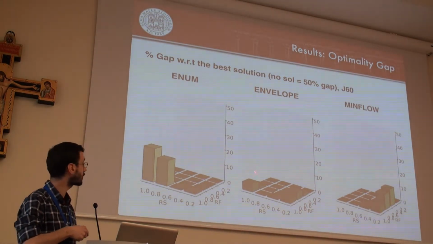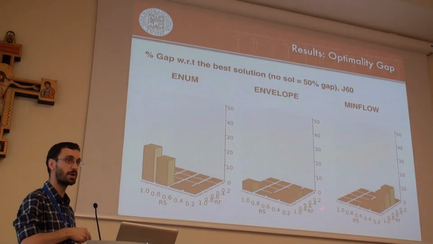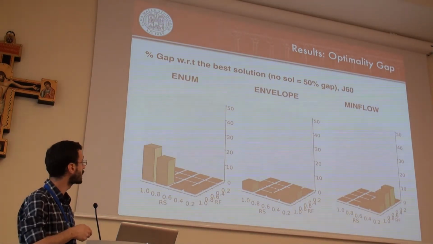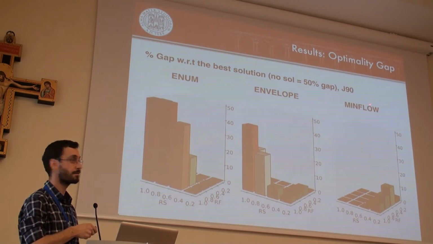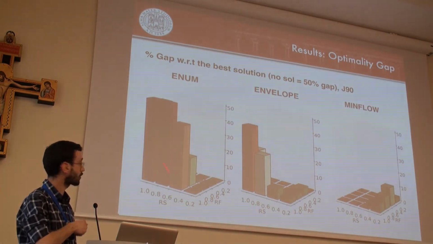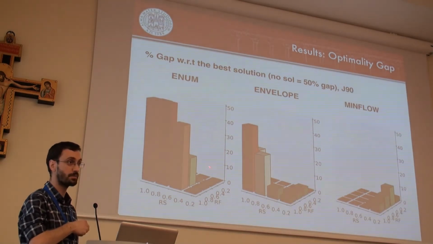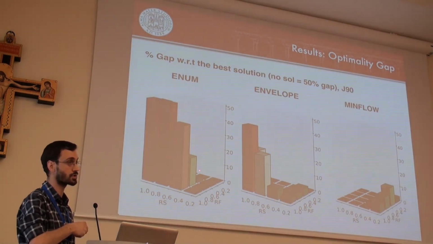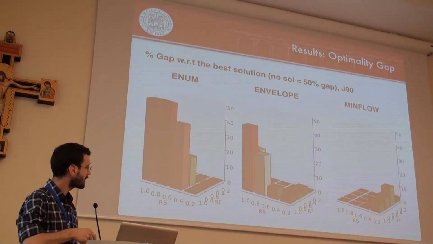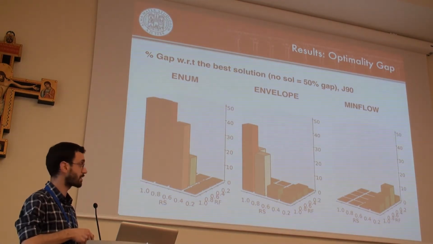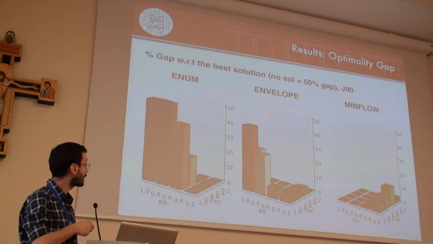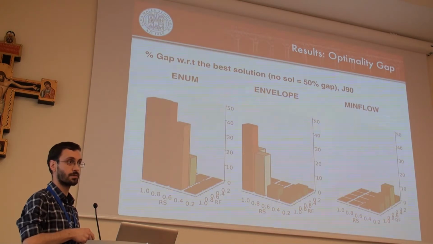Even if we don't prove the optimality, we are able to find very good solutions. If we move to J90, then the enumeration, we already knew this, becomes really impractical. Those are huge gaps, meaning that many, many times you don't even find a feasible solution. The mean flow is getting worse, but just a little bit worse, and the envelope starts to have a lot of problems.